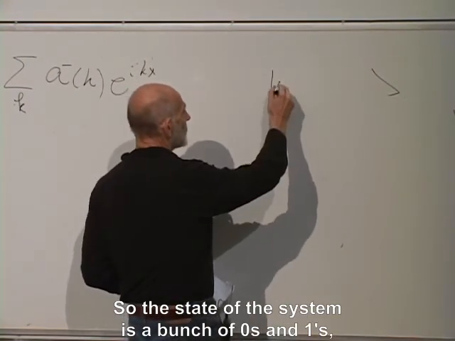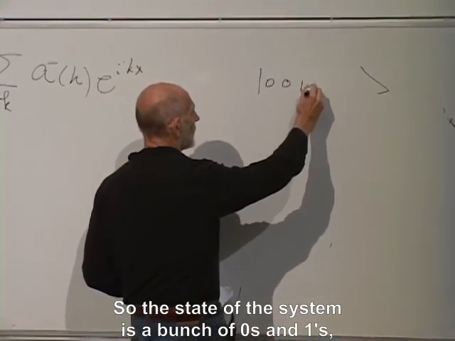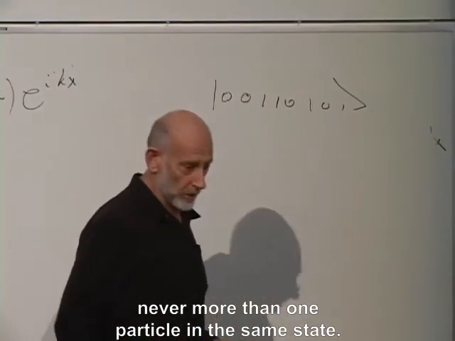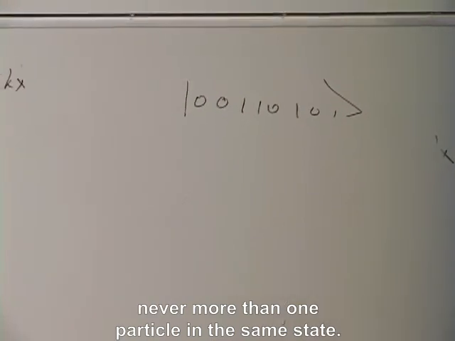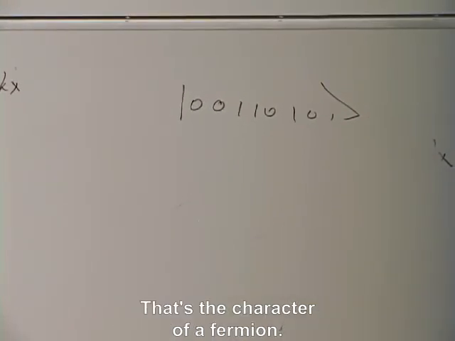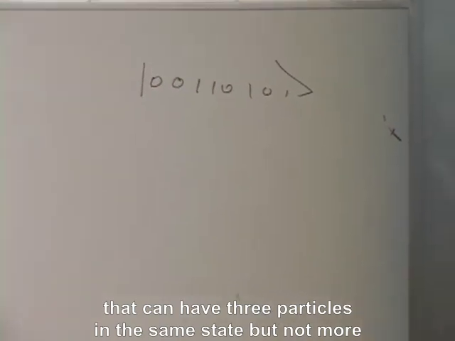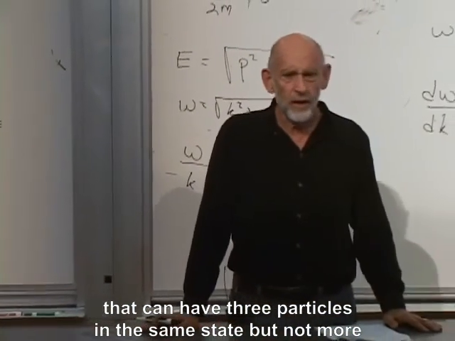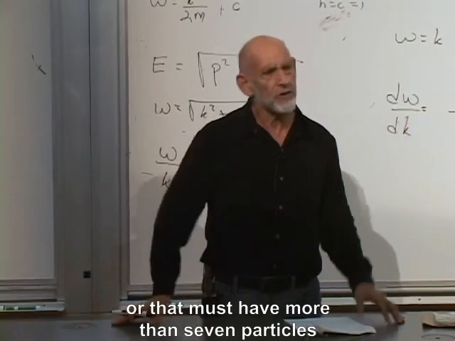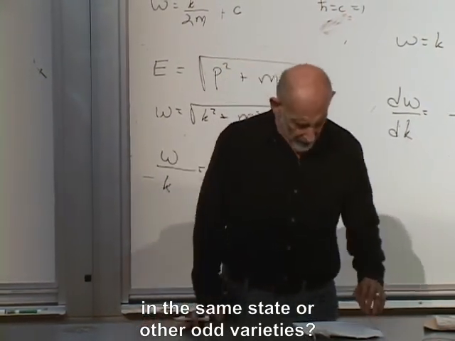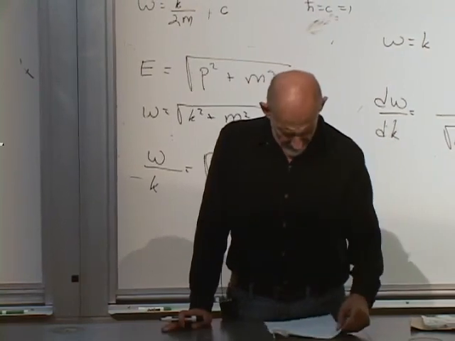So the state of the system is a bunch of zeros and ones. Never more than one particle in the same state. That's the character of a fermion. Now, are there other kinds of things that can have three particles in the same state but not more, or that must have more than 7 particles in the same state, or other odd varieties? The answer is no.